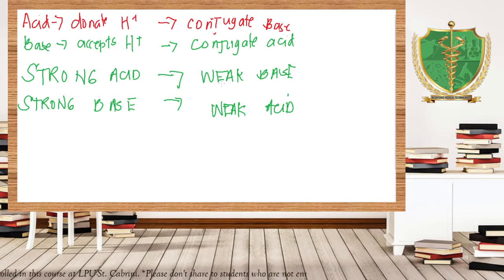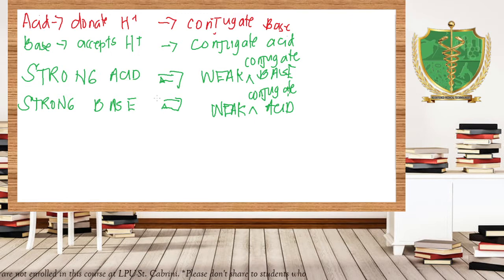Strong acid produces weak, lagyan natin ng conjugate, weak conjugate base. A strong base produces a weak conjugate acid. Sabi natin, acid-base reaction according to Bronsted and Lowry is interchangeable. So, ibig sabihin, a weak conjugate base will produce a strong acid. A weak conjugate acid will produce a strong base.